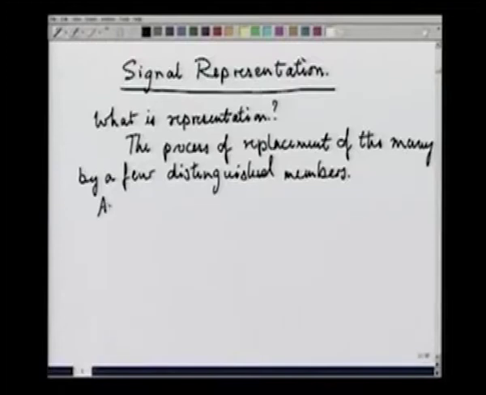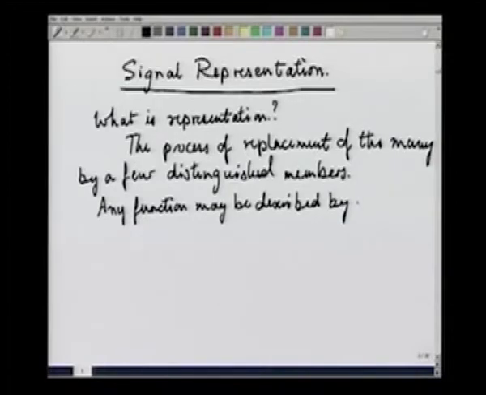Any function may be described by a virtual lookup table.